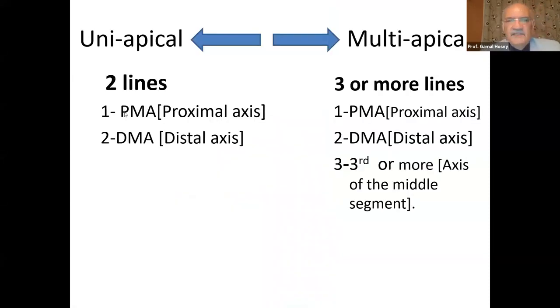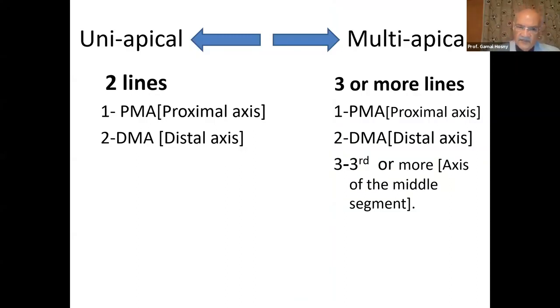So what's the difference between a uniapical deformity and a multi-apical deformity? Why do you want to differentiate? Because if you have a uniapical deformity, you need one osteotomy. If you have multi-apical, you have two osteotomies. If you have a uniapical deformity, you can draw only two lines. In multi-apical deformities, you can have three or more lines: a proximal line and a distal line, and a third or more lines to represent the middle segments.